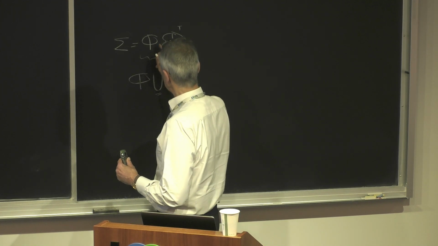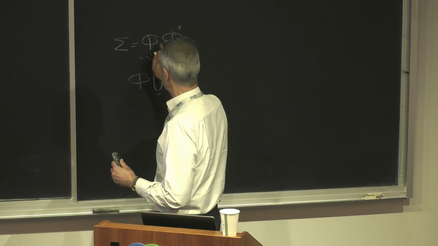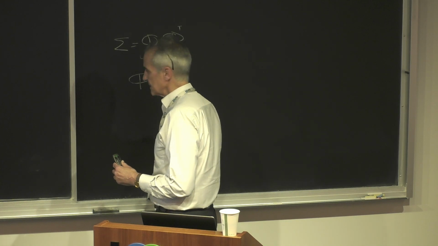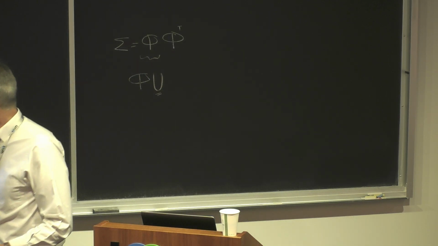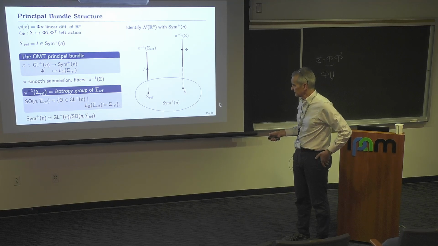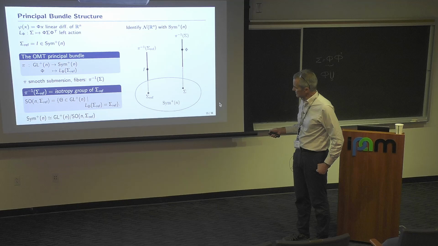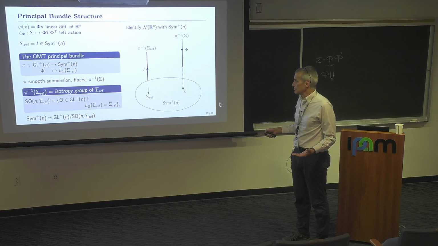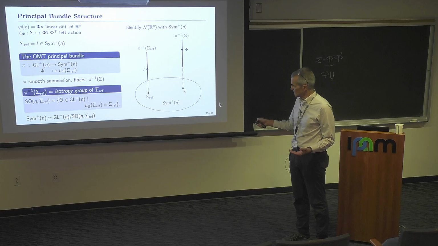Occasionally, it's important to have a reference matrix in the middle. Sometimes you have a reference covariance. For example, you could take this to be the identity. If this is the identity, then one of the factors is the identity, and there are others. And this would be just the special orthogonal group.